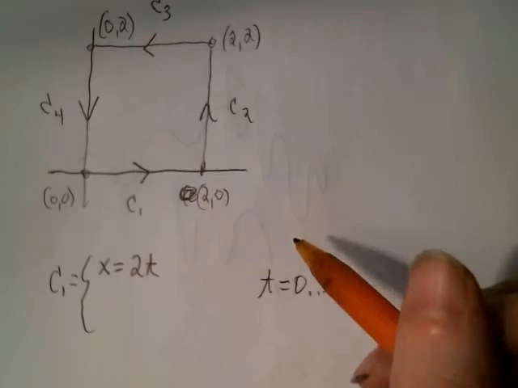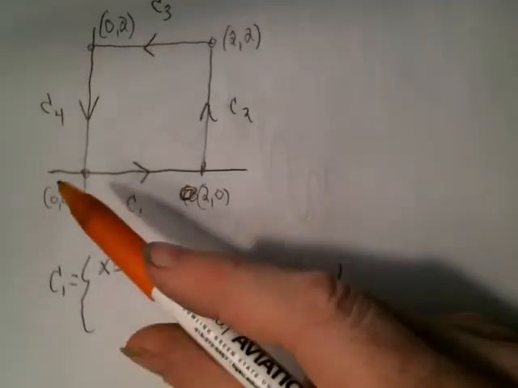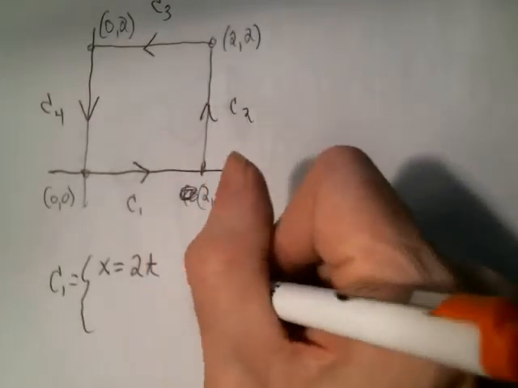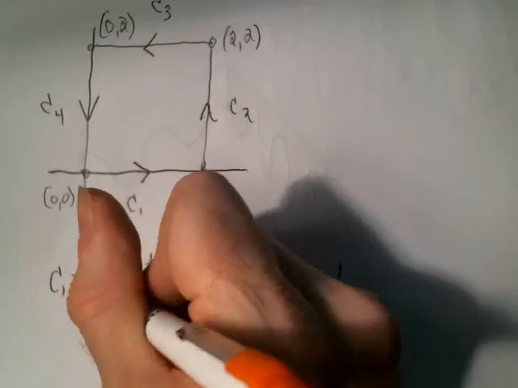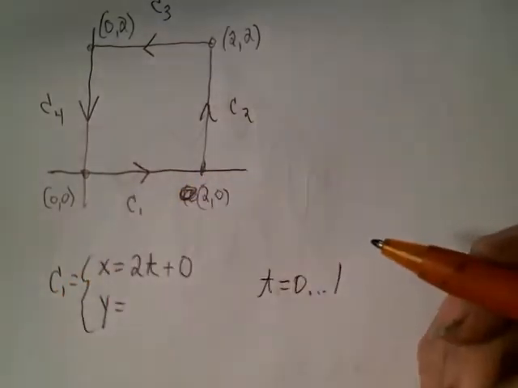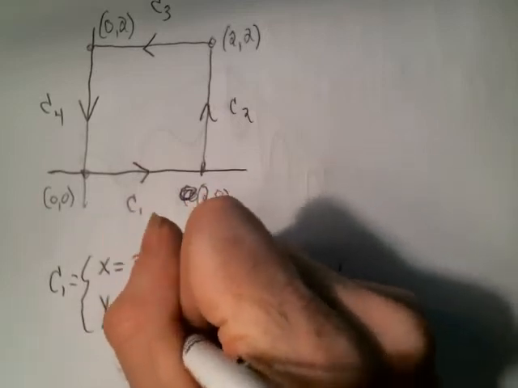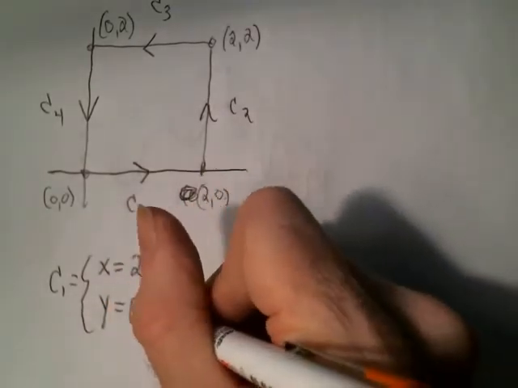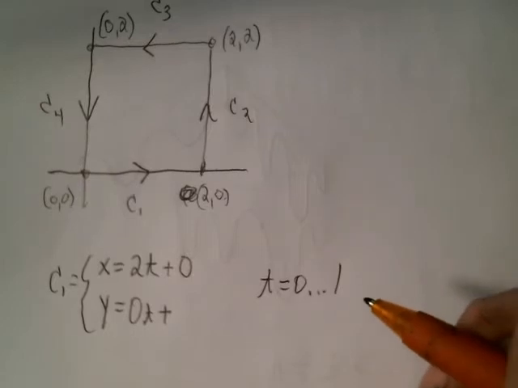In order to pull that off, I'm going to let this point over here be the 0, 0. So plus 0, if you wish. And then the y version will be the y slope. So 0 minus 0 is 0. And then plus the y coordinate. So this isn't going to work, is it?